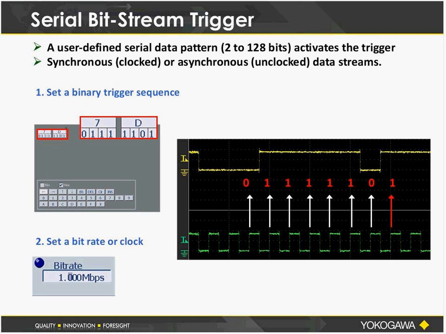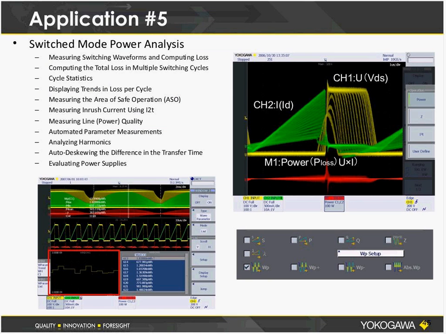That allows you to define a string of zeros and ones, again, clocked or unclocked, and the instrument hardware will actually wait for that string of digital bits to occur and then trigger and capture a waveform. So serial bus analysis is increasingly popular, and you'll see it in pretty much every model of Yokogawa oscilloscope as an add-on optional package.